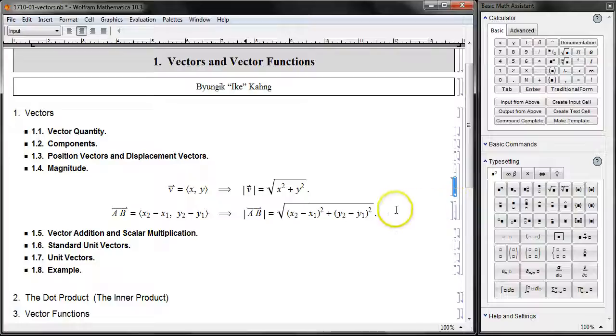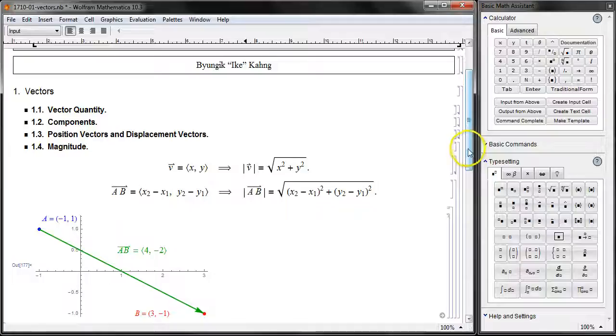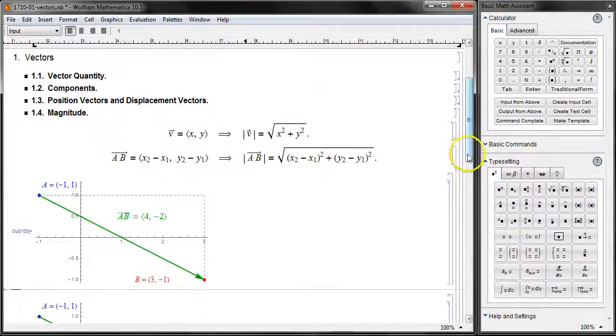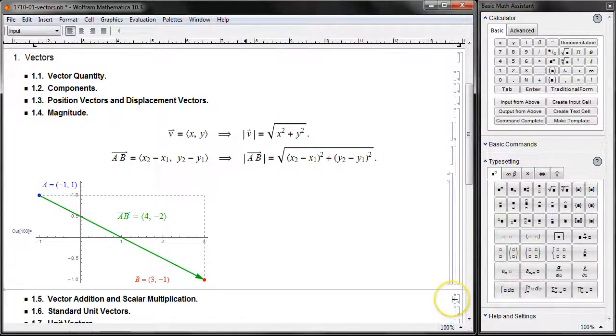And the magnitude of the displacement vector is nothing more than, I really wish I had that triangle back there. Yes, this thing. Using the Pythagorean triangle, you can use (x2 minus x1) squared, horizontal, plus (y2 minus y1) squared, vertical, add them up and take the square root. That'll give me the hypotenuse. That's how you get magnitude.